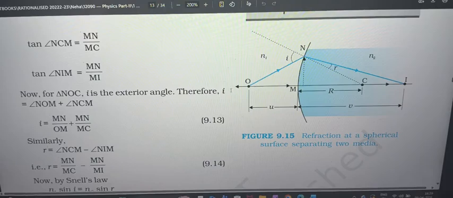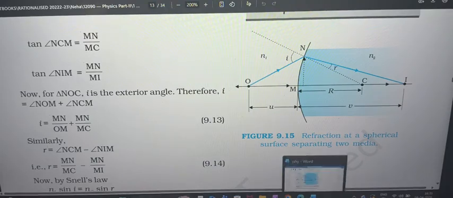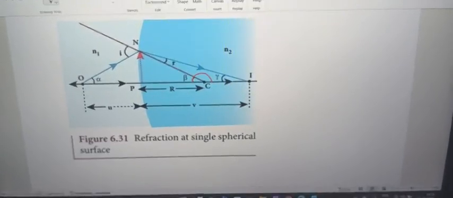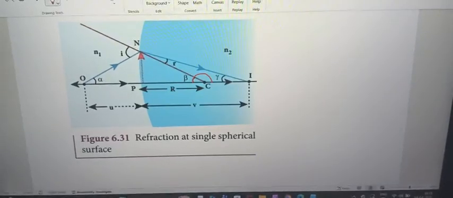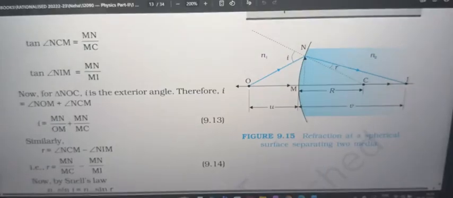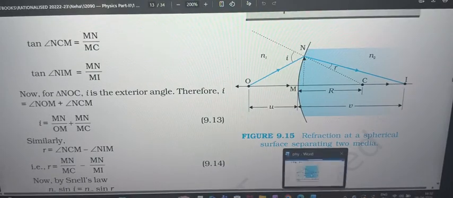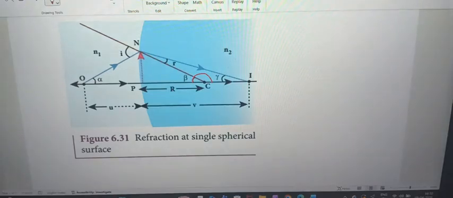Now how we got this is, consider this triangle, NCI triangle. There is angle R, there is NI, and this is actually M according to this diagram. If you consider this NCI triangle, you have this angle R along with NIM, and then we have NCI. Because this is 180 degrees, to get NCI, can I write it as 180 minus NCM?